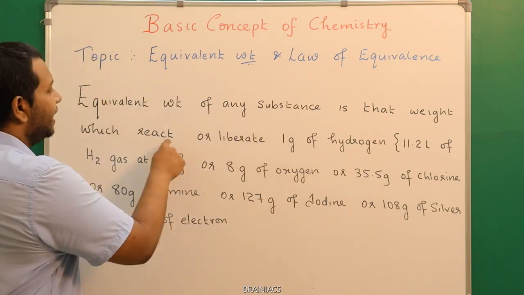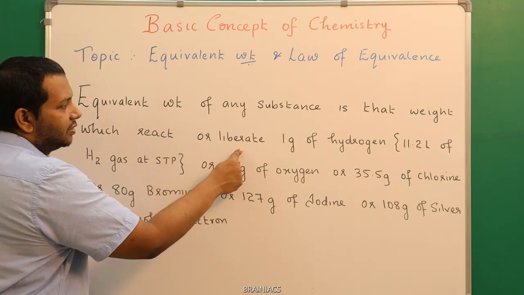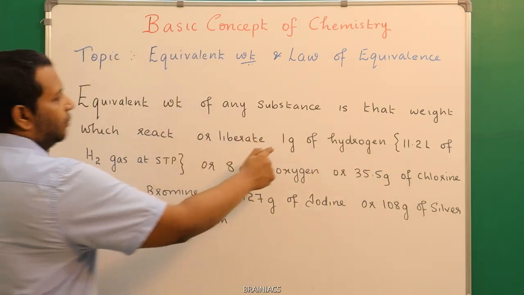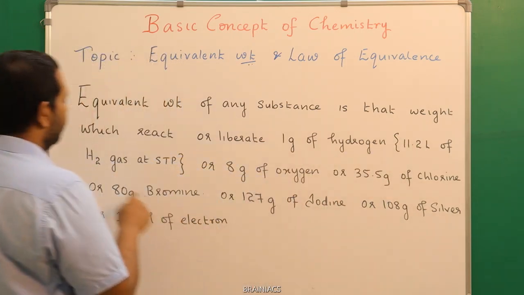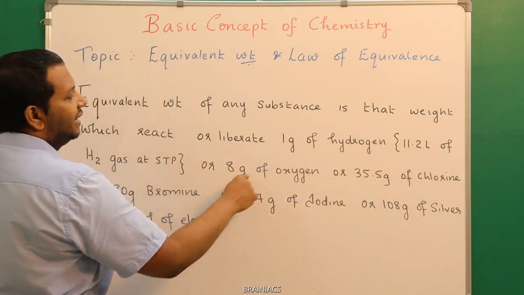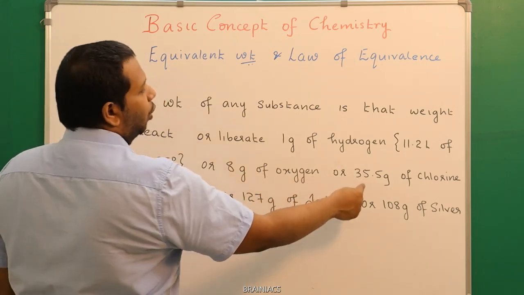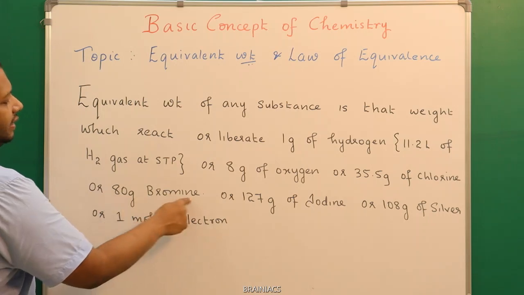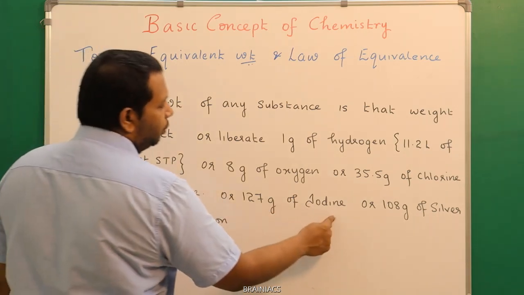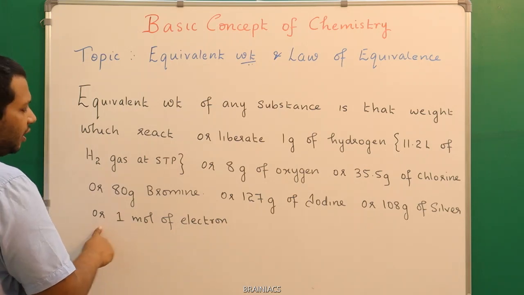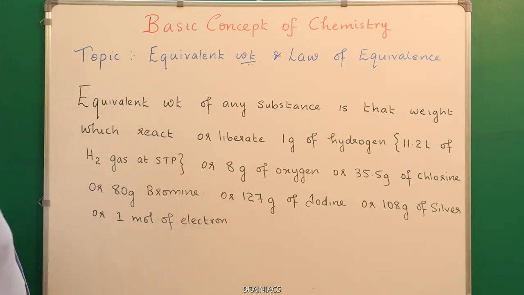Which will react or liberate 1 gram of hydrogen. 1 gram of hydrogen is equivalent to what? 11.2 liter of hydrogen gas at STP, or 8 gram of oxygen, or 35.5 gram of chlorine, or 80 gram of bromine, or 127 gram of iodine, or 108 gram of silver, or 1 mole of electron.